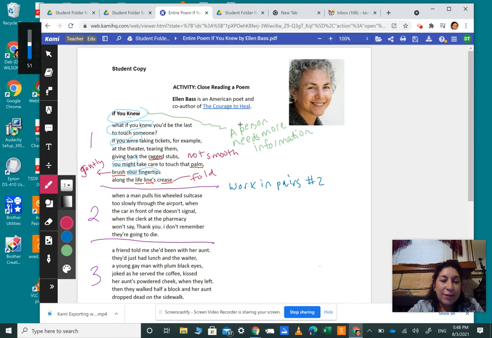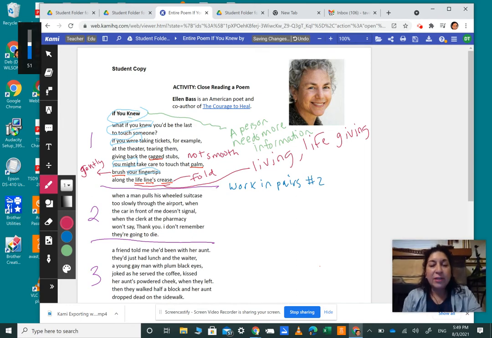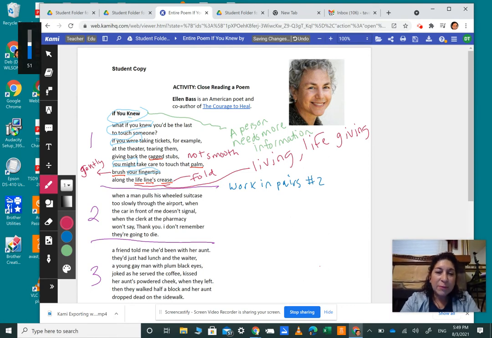So when I see that phrase, lifeline's crease, I think about maybe living or life giving a lifeline. If you've heard that term before, it's somebody who really helps you out. It could be somebody giving you money to help you because you're on your last dime, or it could be somebody who gives you a word of encouragement.